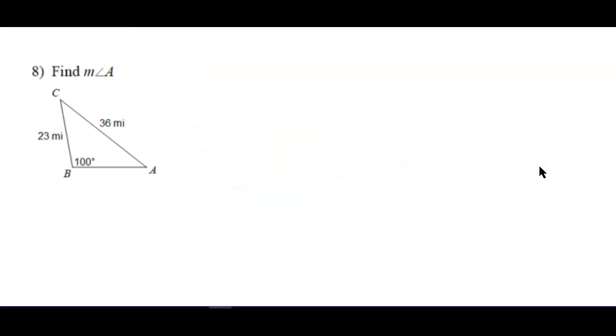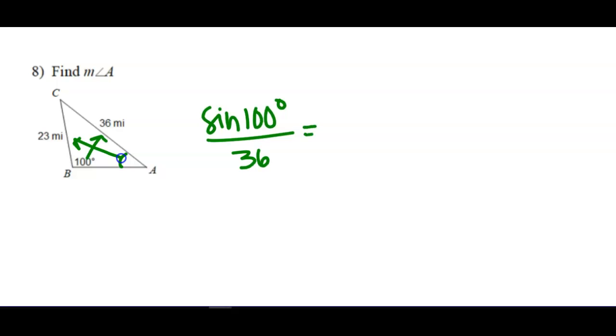Are we done? I didn't think so. Okay. Find angle A. This is a situation where you can use law of sines, but you are finding an angle, so you have to be real careful that there's not two possibilities when you do inverse sine.